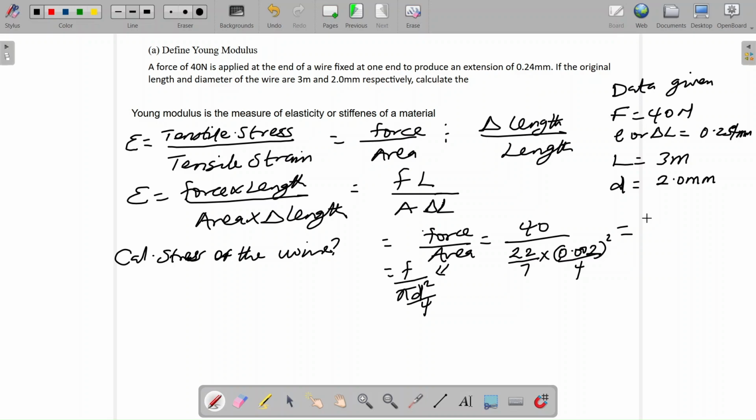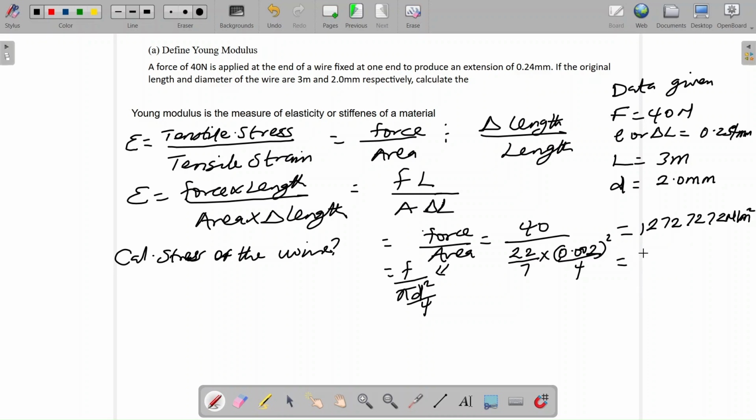Okay, so we have our answer to be 1.27272 Newton per meter squared. That is the unit.